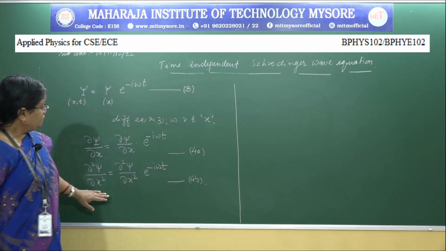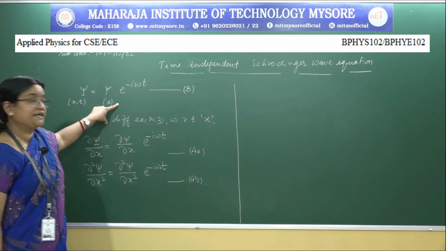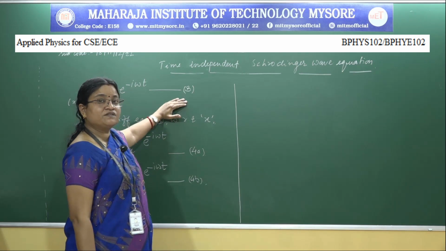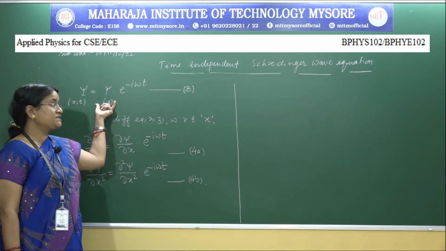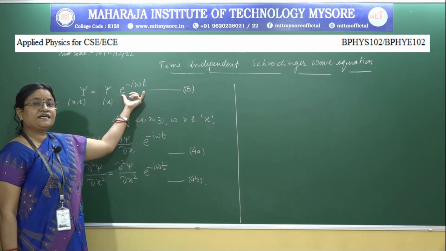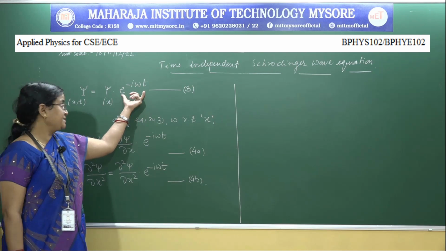Now further we will differentiate equation 3 with respect to time. When we differentiate with respect to time, we have to leave the psi term as it is and we have to differentiate the term exponential of minus i omega t.